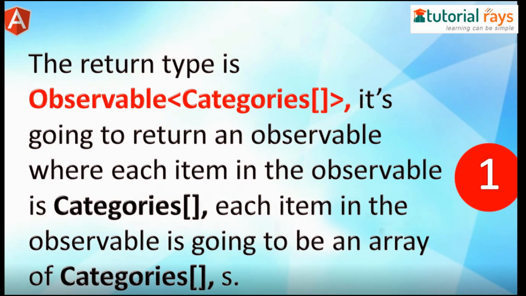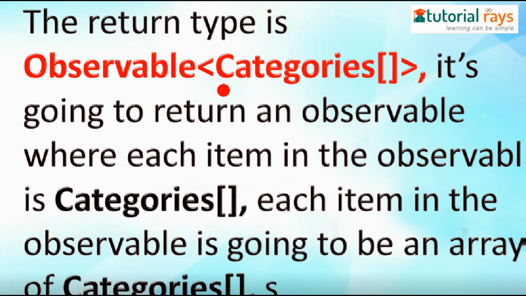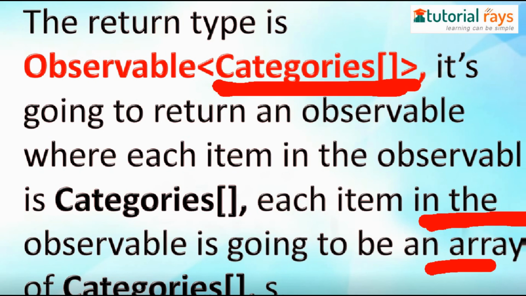As mentioned before, the return type is Observable categories. It's going to return an observable where each item in the observable is an array of categories.